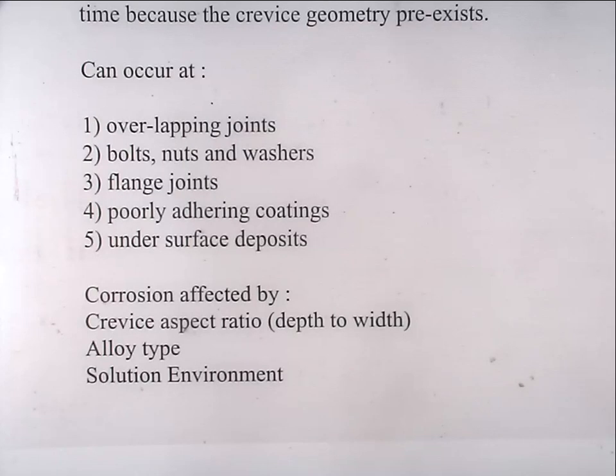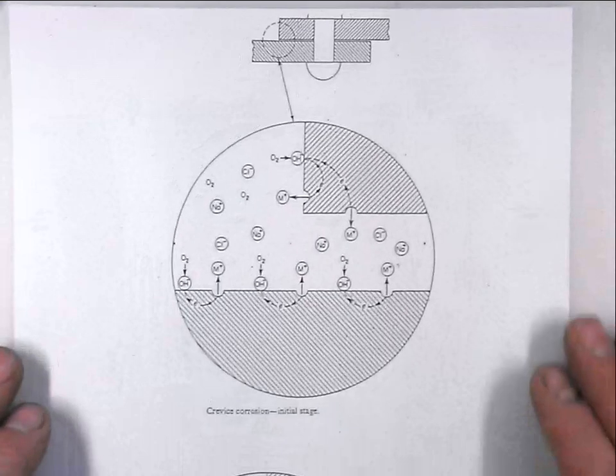So you begin to run out of oxygen, and the result is that the anode concentrates within the crevice itself, and the cathode reactions end up on the surface of the component. And so the driving force is the same for pitting and crevice corrosion.